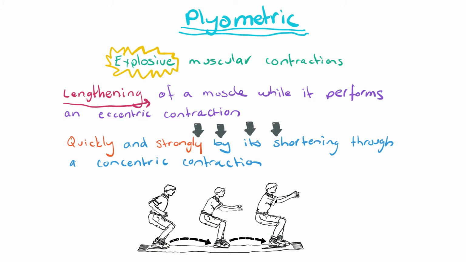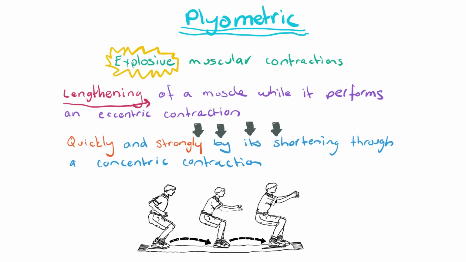When we have a look at plyometric training, it involves the lengthening of a muscle while it performs an eccentric contraction. Remembering that an eccentric contraction is when the muscle lengthens. And then obviously it's followed quickly and strongly by shortening through a concentric contraction.